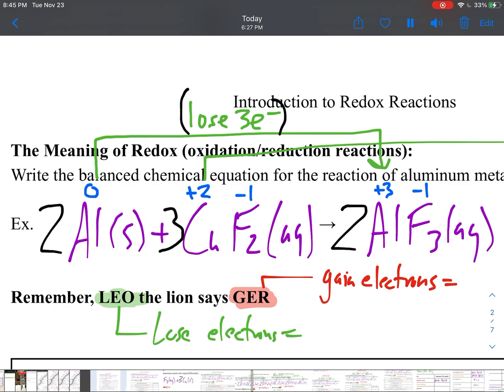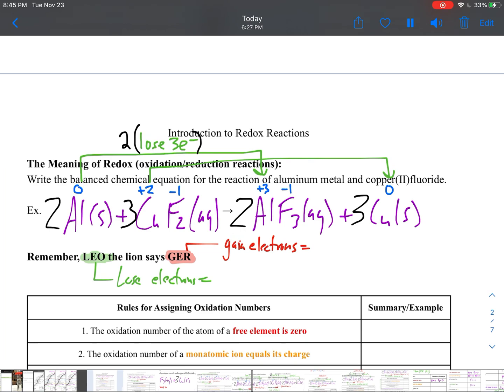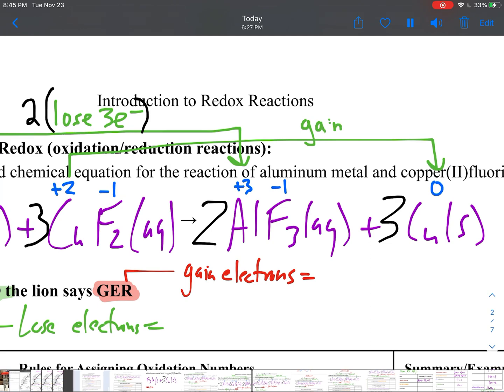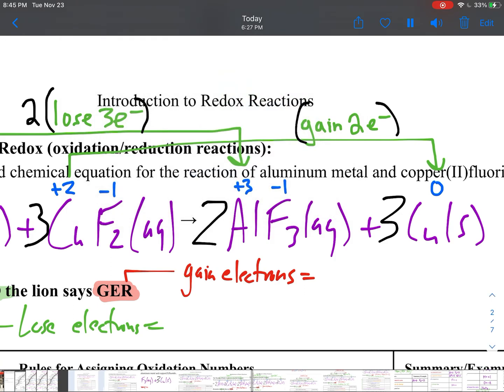Each aluminum is losing 3 electrons twice. And then check out what's happening to copper. Copper is going from +2 to 0. The reason its number is being reduced is because it's gaining 2 electrons. And notice that that is happening 3 times.